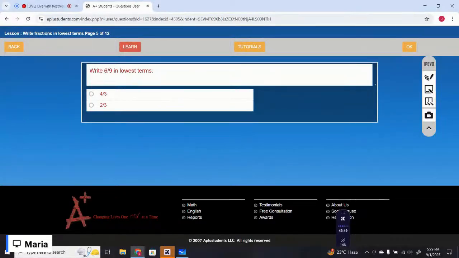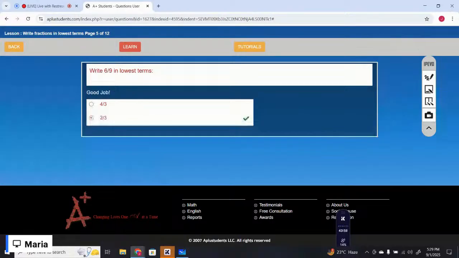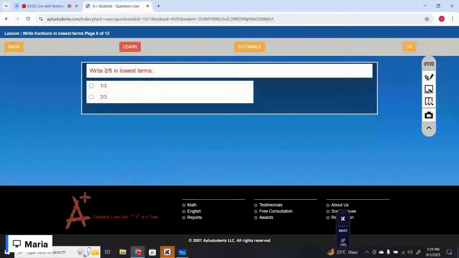Write 6 by 9 in lowest terms. That is 2 by 3, option number 2 is the correct option. Write 2 by 6 in lowest terms.